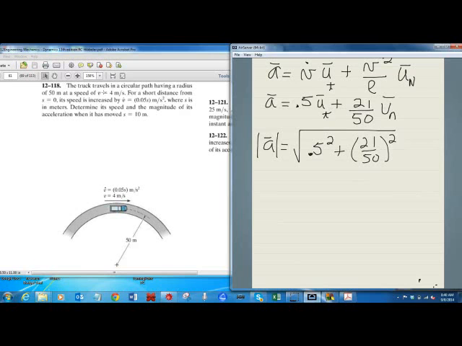The speed is changing. I gave you the speed, I'm giving you the path, I'm giving you the change in the speed, and I'm asking you for acceleration. Those are the keys that when you read the problem, you say, aha, this is going to be one of those tangent normal problems. You got it? So on an exam, you can spot it.